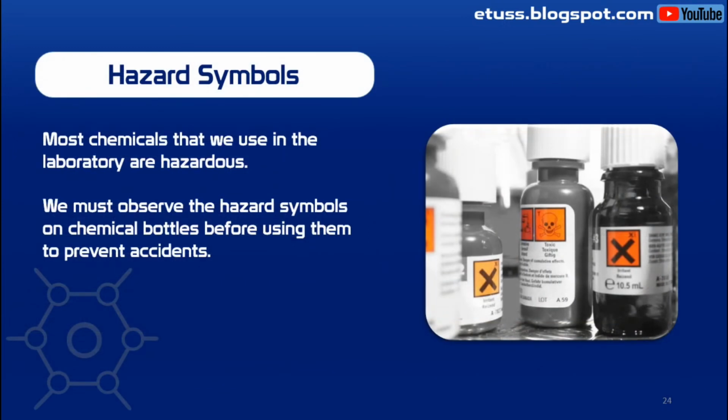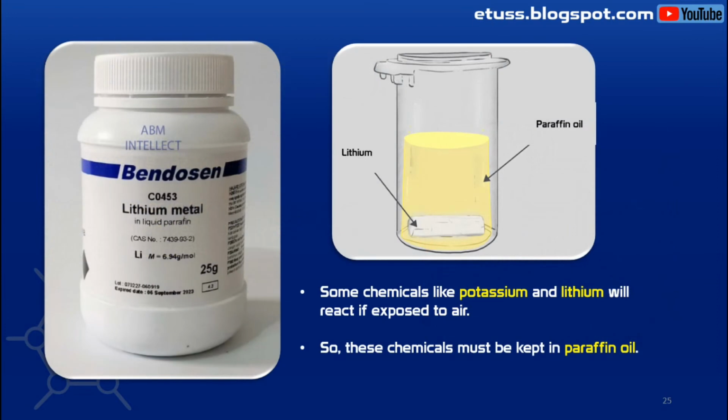Most of the chemicals that we use in science laboratory are dangerous. We must carefully observe and understand the hazard symbols on the chemical bottles before using them to avoid accidents. Some chemicals like potassium and lithium will react if exposed to air.